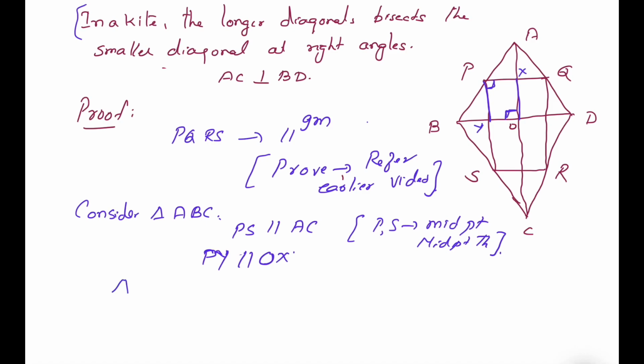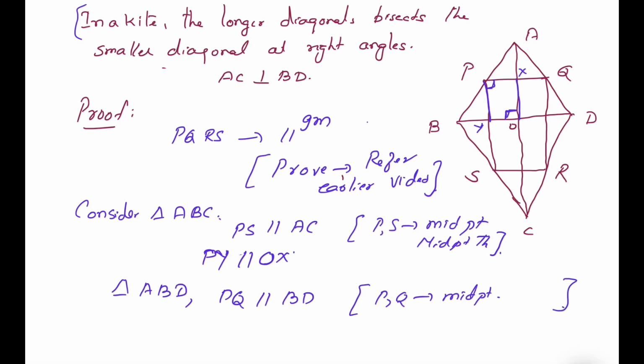Similarly, consider the triangle. Now, you have proved PY is parallel to OX. Now, you have to prove PX is parallel to OY. For that, you will consider the triangle ABD. PQ is parallel to BD. The reason is again P and Q are midpoints, midpoint theorem.